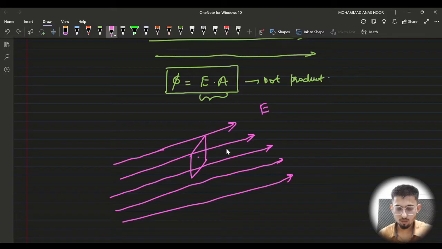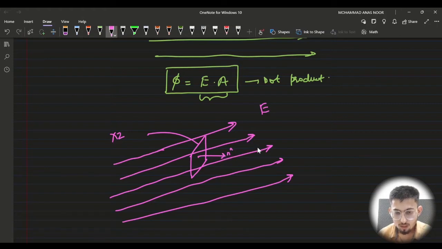Now in this case, the area is in the xz plane, and the normal unit vector to it is this one.